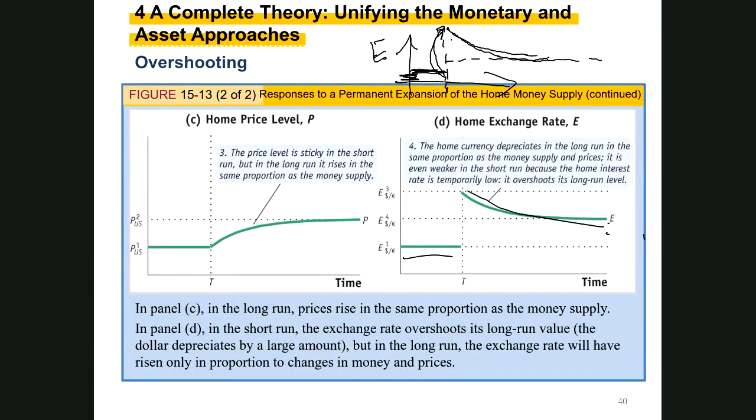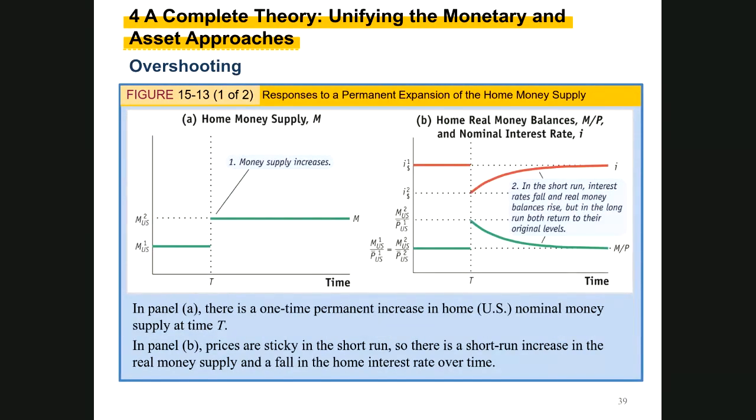This is the most important key concept here in chapter 15 from my perspective. Okay, so you got to know this graph. Why does it look like this?